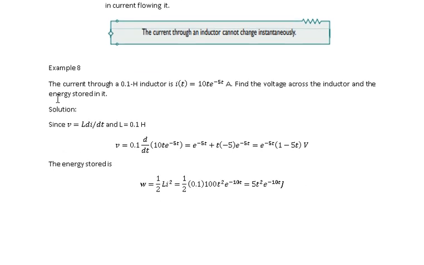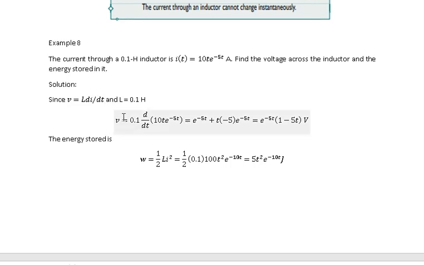Okay, so we have here an example, no? The current through a 0.1 henry inductor is i of t equals 10t e to the power of negative 5t ampere. Find the voltage across the inductor and the energy stored in it. Okay, so we have this equation. We can use this formula in order to find the value of voltage, no?